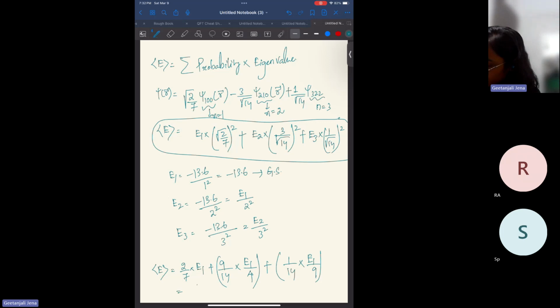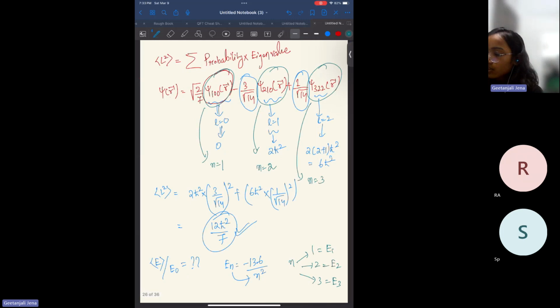So the final, if you add these terms, you will get 229 E1 divided by 504. So the ratio of the expectation value of energy divided by the ground state energy E1 is nothing but 229 by 504.